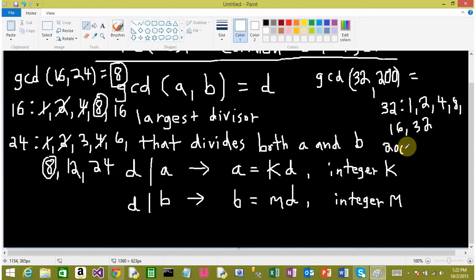And then for 200, we'll have 1, 2, 4. Let's see, 8 would be one. 10 would be one. Let's see here, what would be the next one?